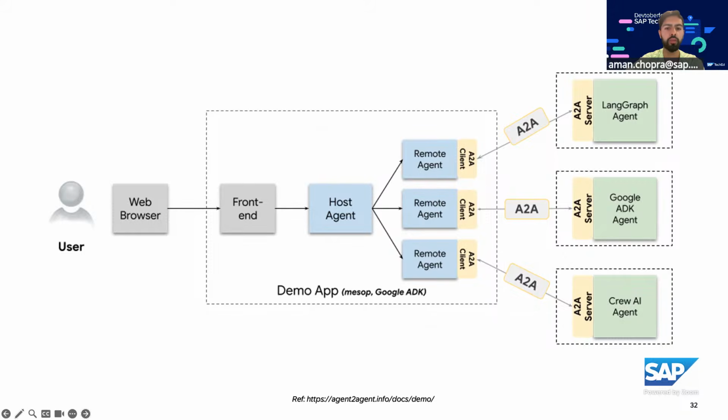In this case, because we need our host agent to communicate with the remote agents, we will have an A2A client in the middle that will facilitate the communication. So in this diagram, we also see that there are two other remote agents, and I haven't really implemented any agent other than this one data collection agent. But I still placed them on this slide just to give you another perspective on why A2A is so powerful. As you can see, if we have a system with three remote agents, it doesn't matter how the agents are built. The first one could be built using LangGraph.